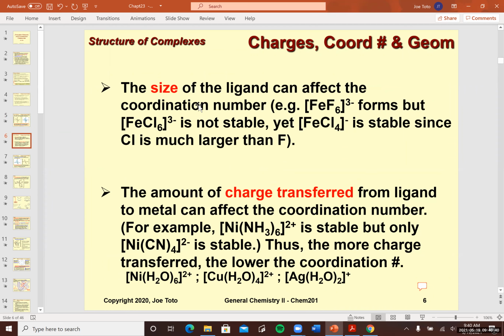We then looked at what affects the number of ligands, and many things affect the number of ligands. We just picked out 2 things and looked at how that might change how many ligands can form these coordinate covalent bonds with metals. And those 2 things were size and the charge transferred in that bond that was then shared.